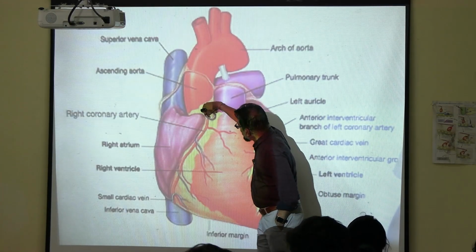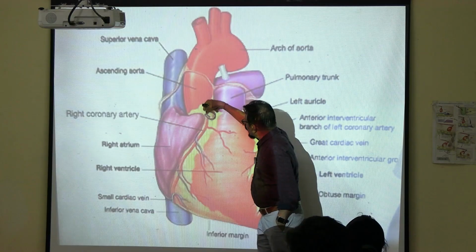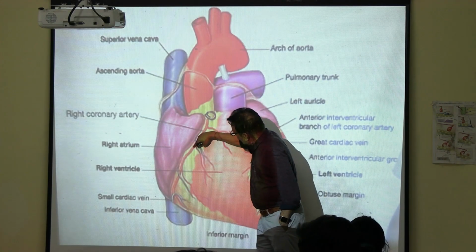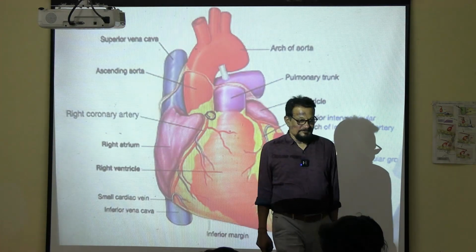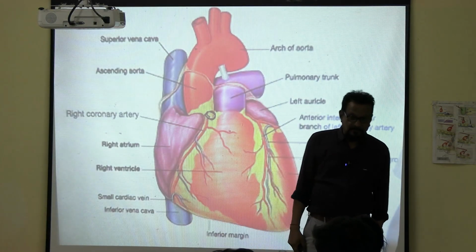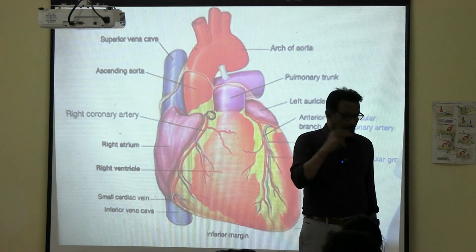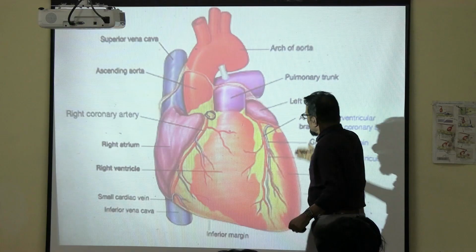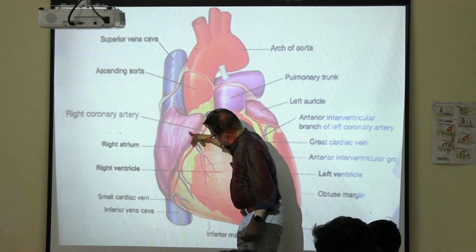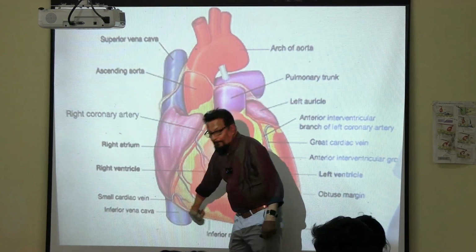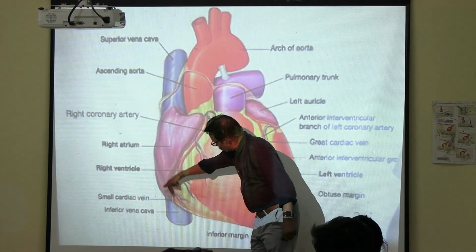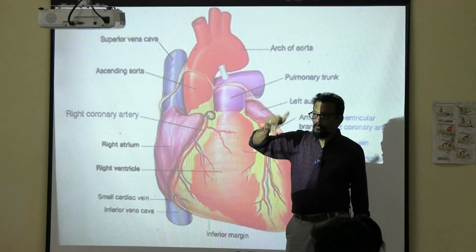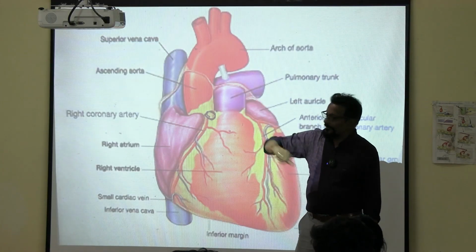So it passes through the space and along the atrioventricular groove, called the coronary sinus. It passes along this groove and turns to the back, going posteriorly along the groove, along the coronary sinus.